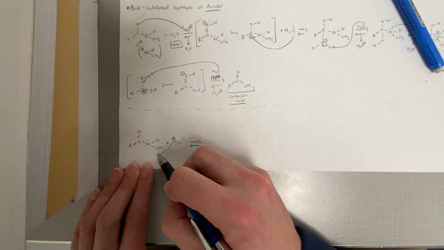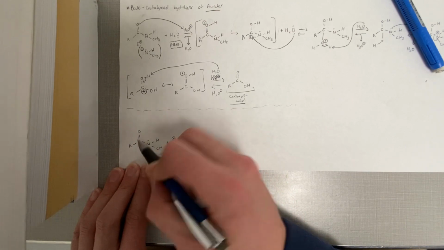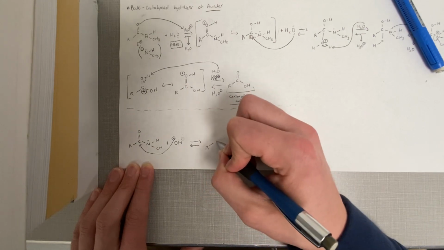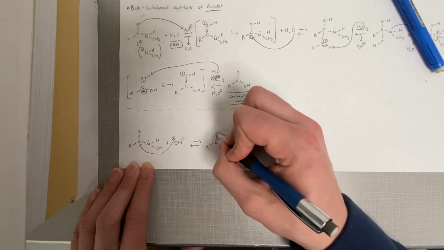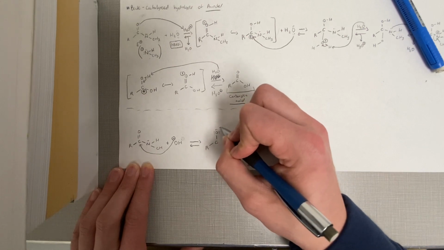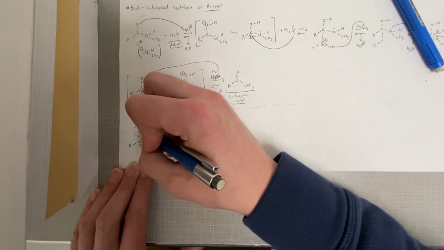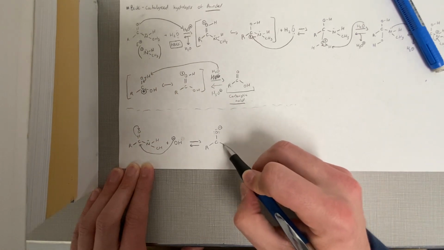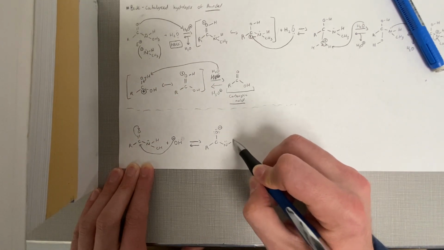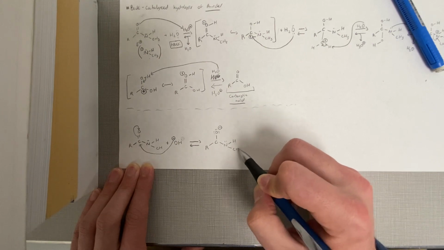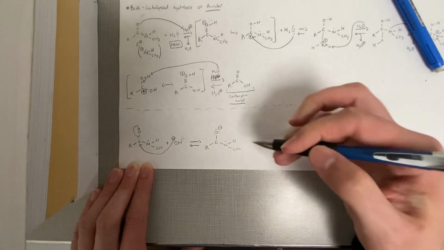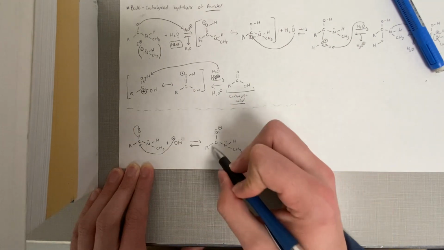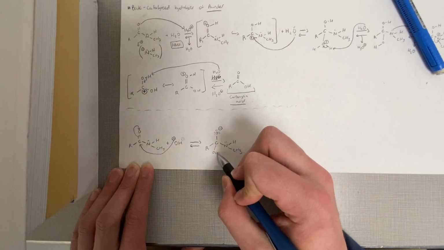The nucleophile is going to attack the carbon straight up, giving us this tetrahedral intermediate, because this goes up to a lone pair, and then we have CH3, and then we have our OH here.